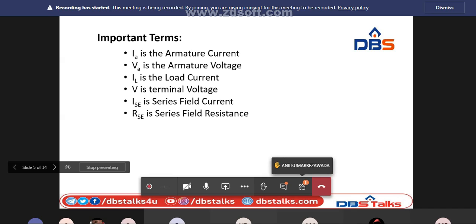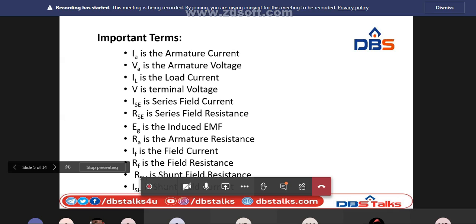These are the important terms. IA is the armature current, VA is the armature voltage, IL is the load current, V is the terminal voltage, ISE series field current, RSH shunt field resistance, and so on. Many terms will be there, but the mainly utilized terms are EG induced EMF, RA armature resistance, IF field current, RF field resistance, RSH shunt field resistance, ISH shunt field current.